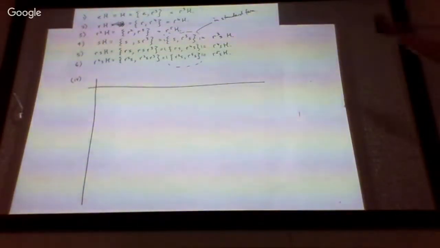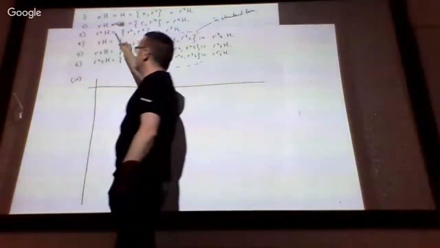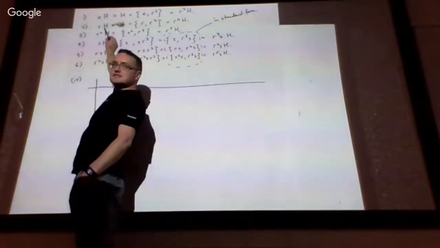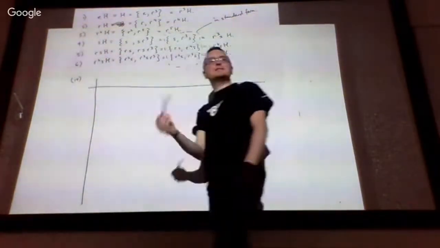The only thing is I'm using exactly the same labels that label elements of D6 to begin with, so I might confuse myself. I want to slightly avoid using R as a label for number 2, because R is a representative of it, but it might confuse slightly because R has a meaning already.